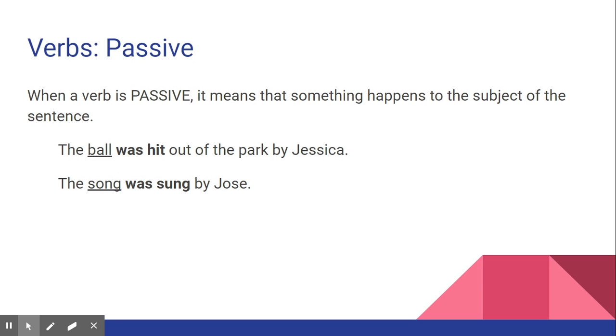Let's look at another example. The new dance was performed by Keith. Keith is still the one dancing, but because the verb was changed, dance is the subject of our sentence now. Originally, it was the object. Notice that in each of these sentences, the original subject is being moved to the back, and the direct object is being moved to the front.